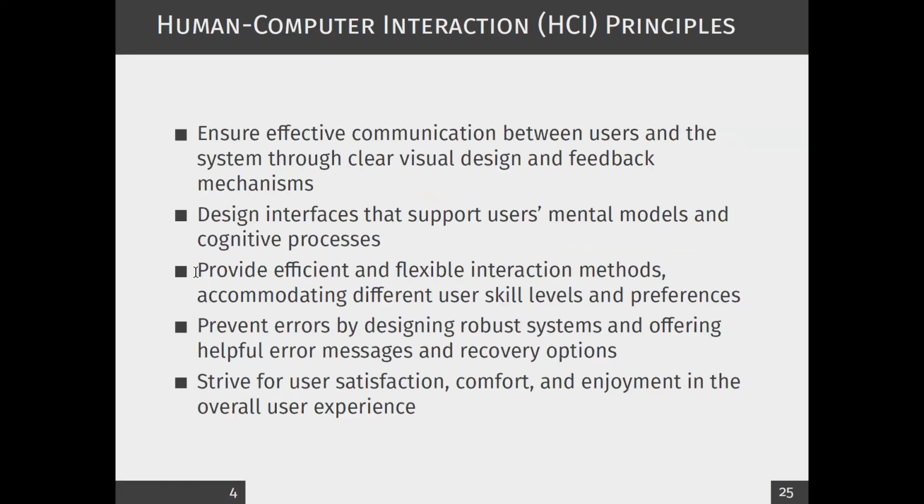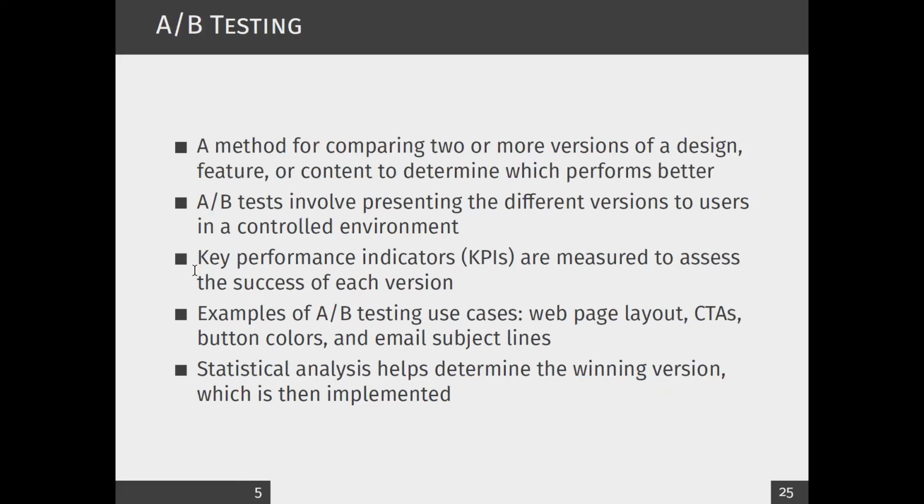Right. Now we talk about A/B testing, right? It is a method for comparing two or more versions of a design, feature, or content to determine which performs better. This is very important, especially with the users. The problem is that user preferences might be different, and we need to understand what they like and whether it is what we are trying to deliver.